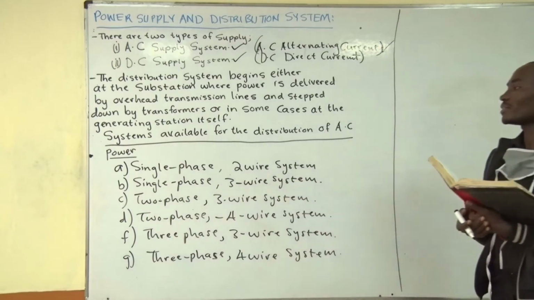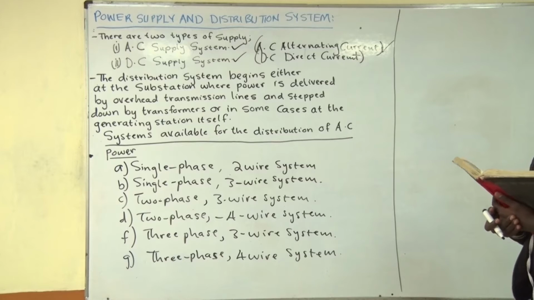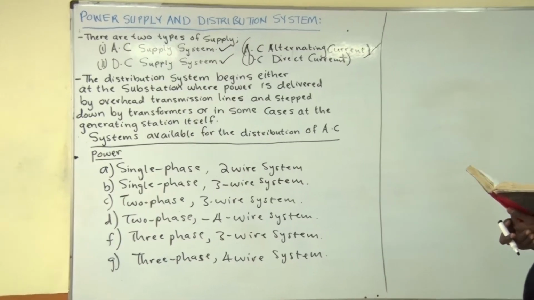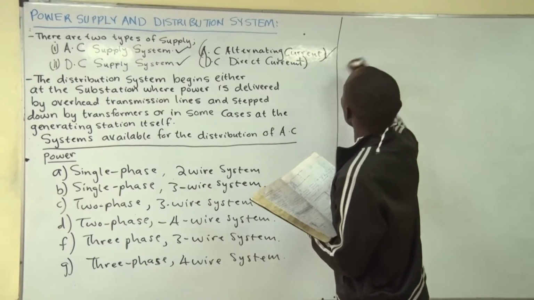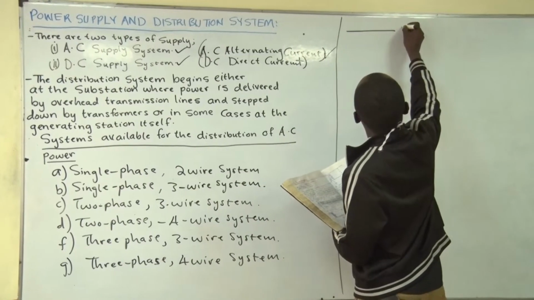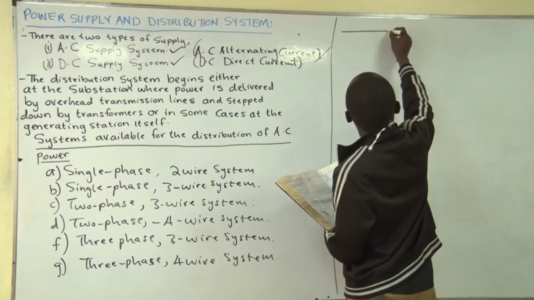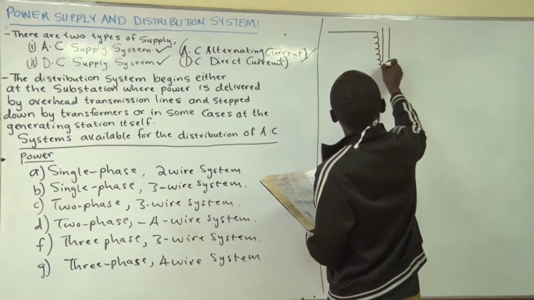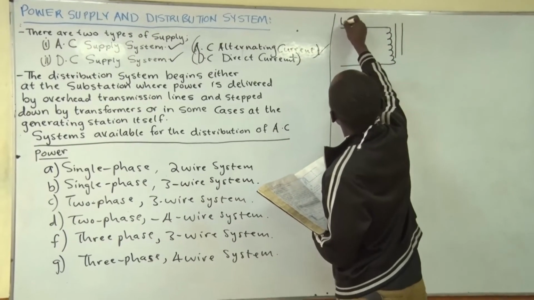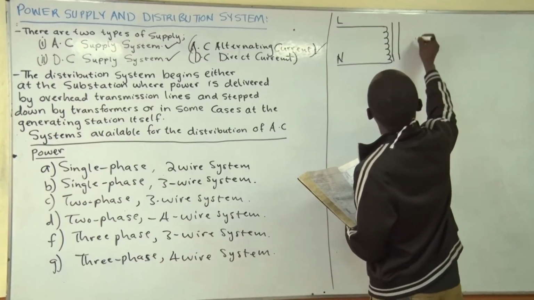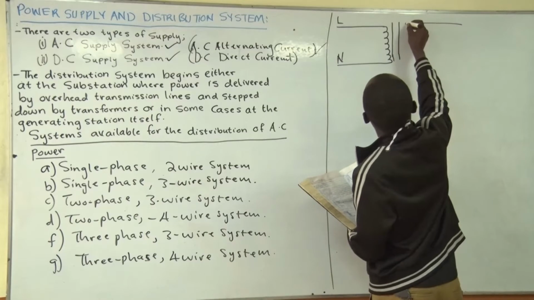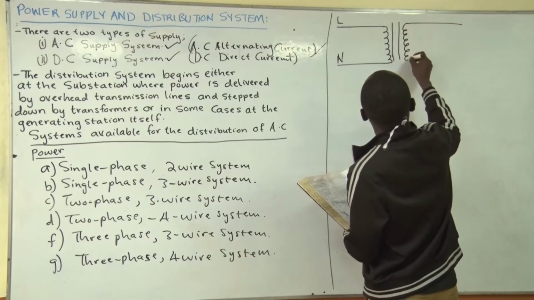In these AC power distribution systems, when you have been taught it is a single phase 2-wire system, it shows that the incoming, if this is the transformer, this is the incoming, this is the live, then we have our neutral, the outgoing wires or the supply wires after it has been fed into the transformer.